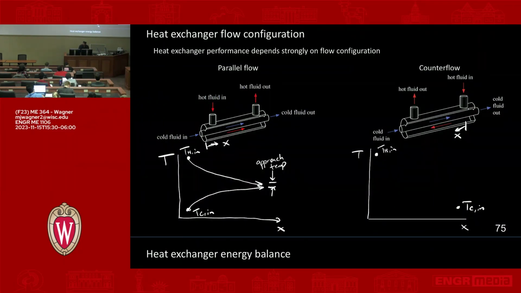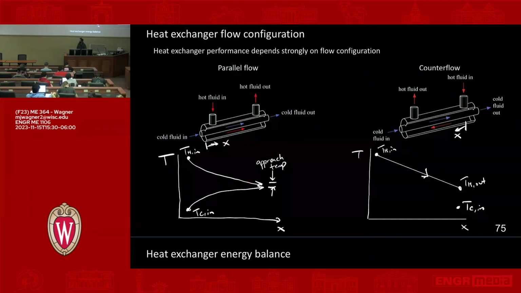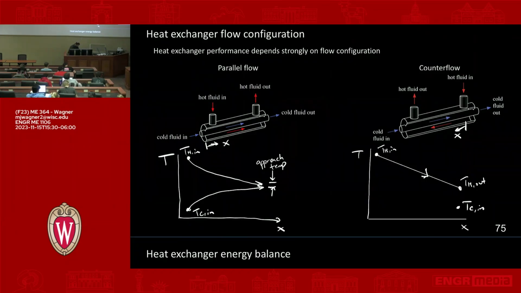So what that means is these fluid streams look like this. Let's say the hot might do something like this. Now this point over here is TH out, and this is flowing in this direction as I've drawn the arrow. TC in might do something like this.